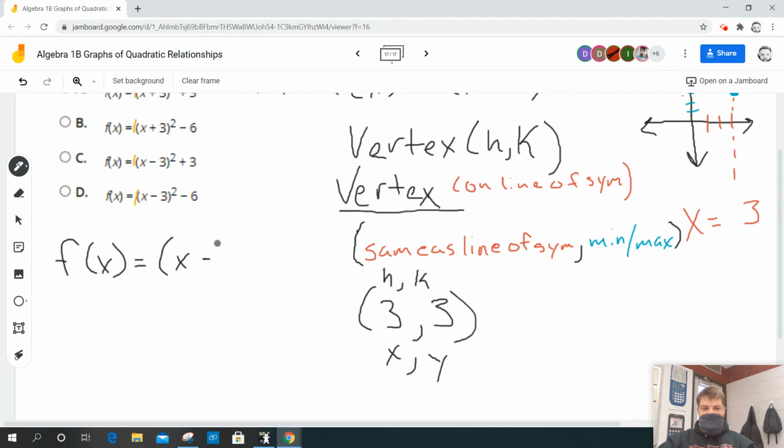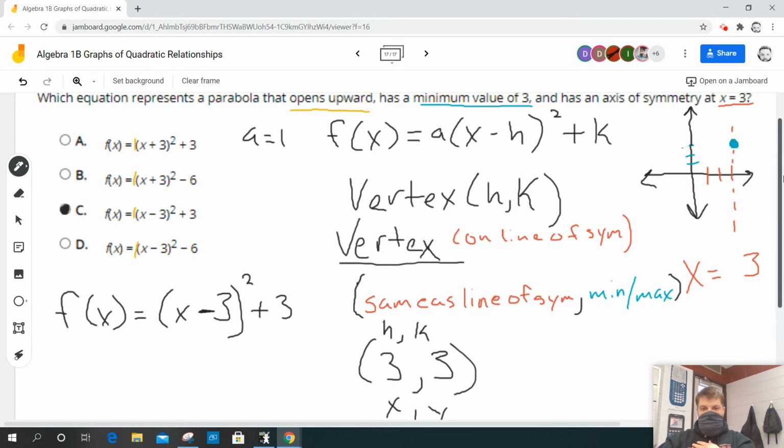So my h value is 3. I just plug in the 3. The formula has the minus sign. That's squared. And then I just add k. What's k? 3. So which one is that? Is that C? C is the correct answer.